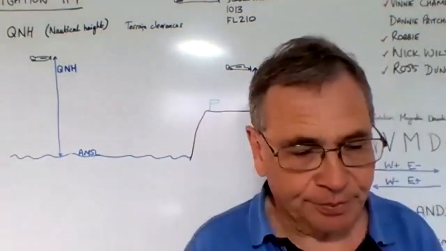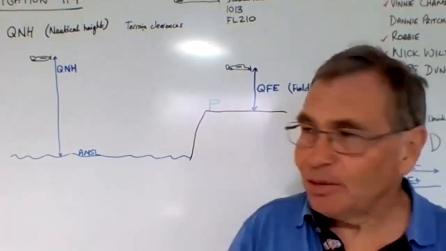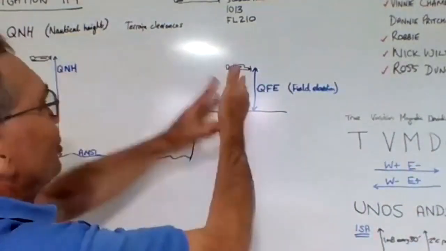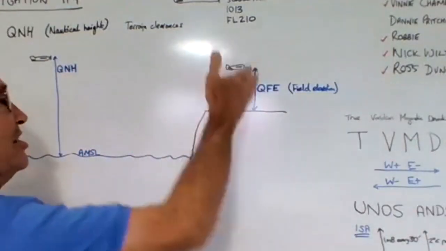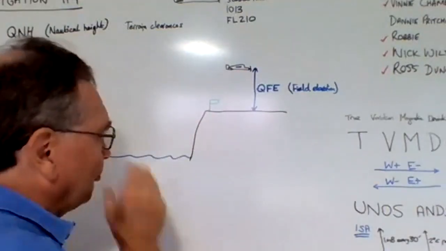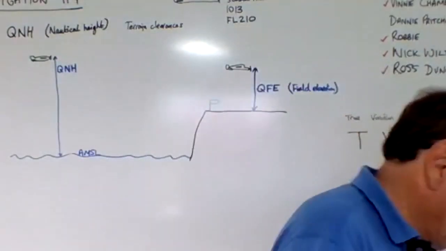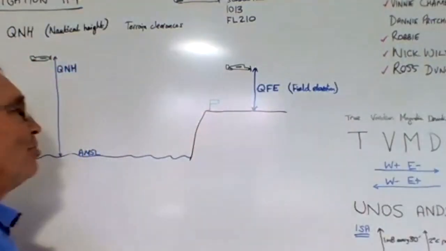Now, we've talked about how you convert from QNH to QFE. So you're flying towards this airport, and obviously, when you start talking to air traffic control, they'll give you the QFE. Now, of course, you can actually work out what the QFE is probably going to be, can't you?